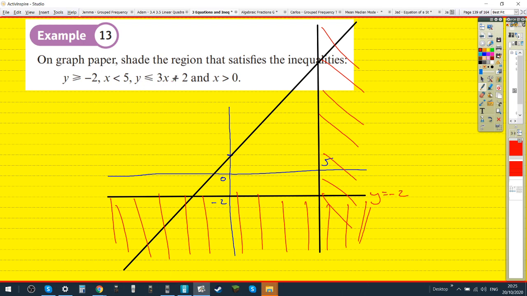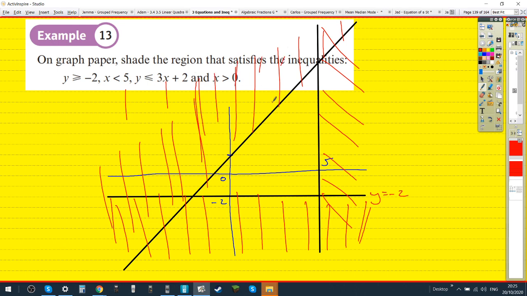This is y is less than this line. So we want to delete all of the y that's greater than 3x plus 2. Is there anything above that? Yeah, anything above that line. And so, what region are we left with?